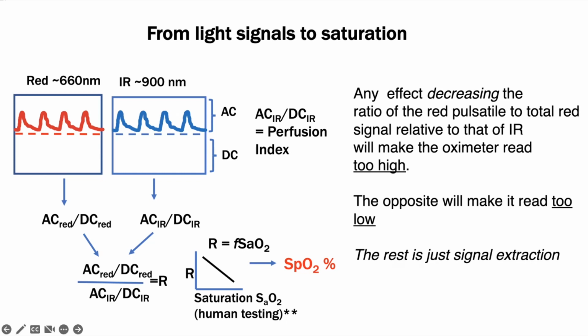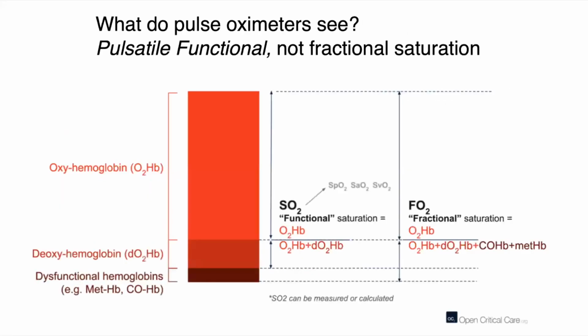So any effect that decreases this ratio will tend to make the pulse oximeter read higher, and the opposite will tend to make it read lower. And in reality, these are the essential parts of how pulse oximeters work. And the rest of what pulse oximeters do is signal processing and dealing with noise in electronic circuits.